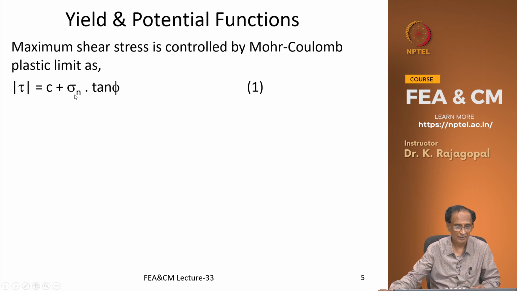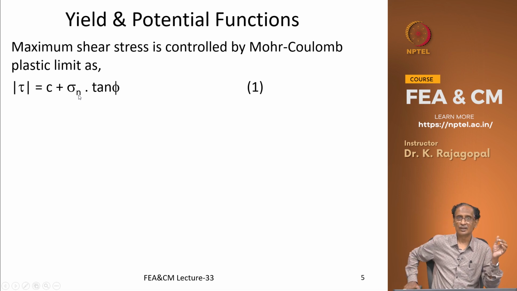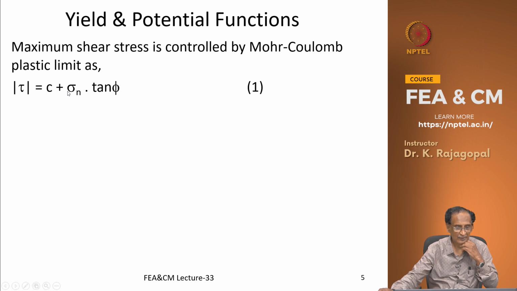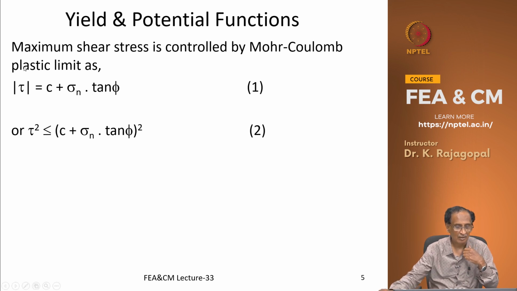So, we have c plus sigma tan phi, and in the elasticity convention the compressive stresses are negative. So, if you look at any finite element program, you will see this as c minus sigma tan phi, okay. Or by squaring on both the sides, tau square is less than or equal to (c plus sigma tan phi) whole square. This is your yield limit, okay.